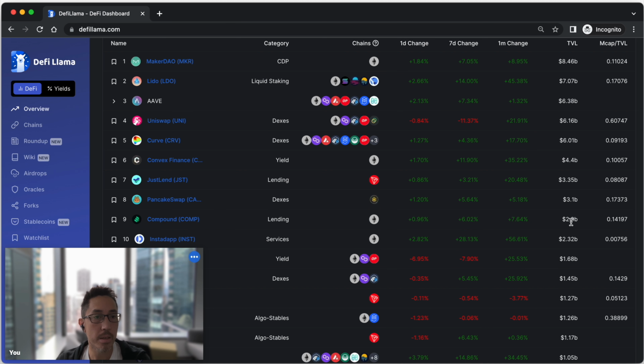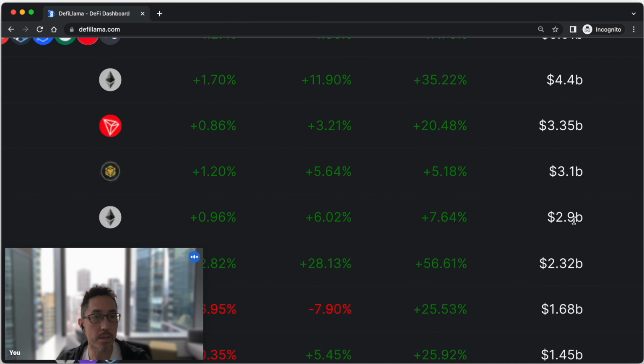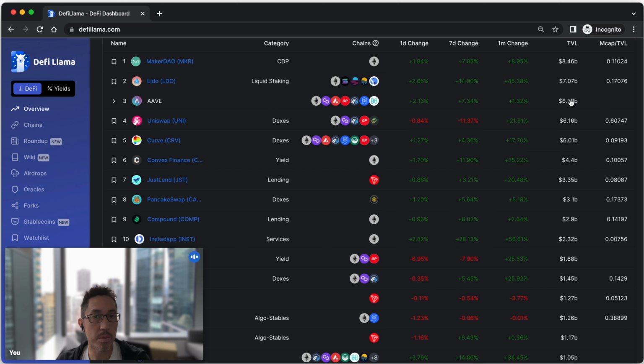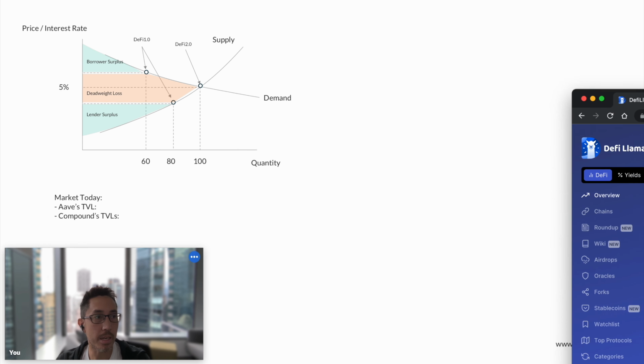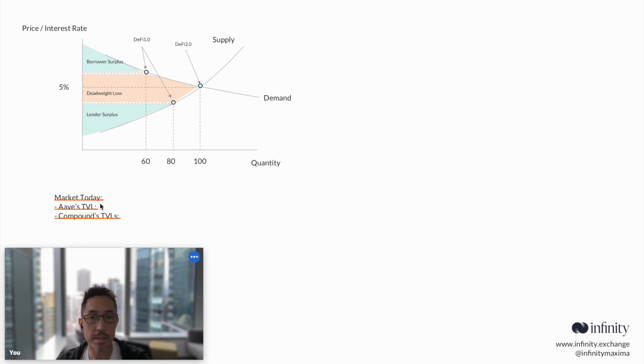Compound's down here: 2.9 billion TVL. 6.4, 2.9. Let's round up and say we're looking at a market of maybe 10 billion TVL today.